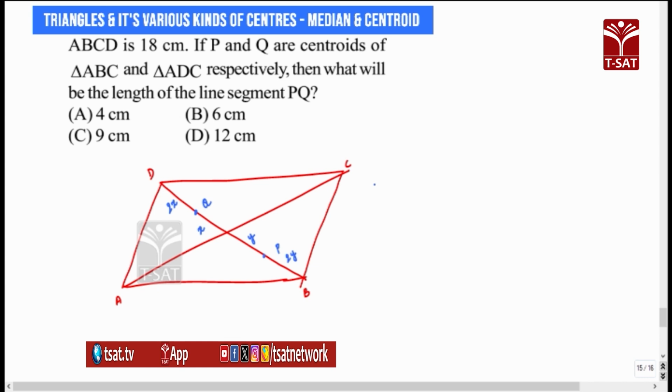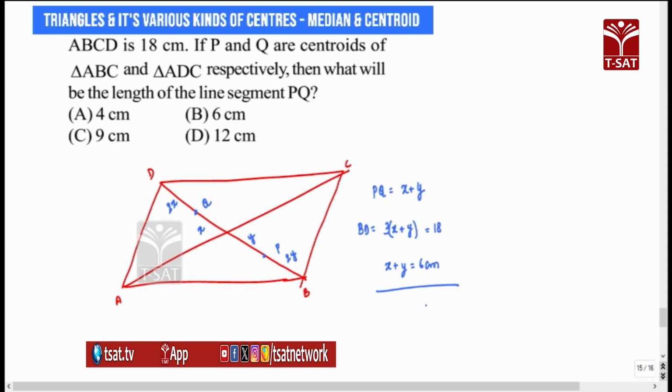Here PQ is equal to x plus y. Here BD is equal to 3x plus 3y. Therefore, 3 into x plus y. So, 3 into x plus y is given as 18, x plus y is equal to 6 centimeters. So, answer PQ is equal to 6 centimeters.